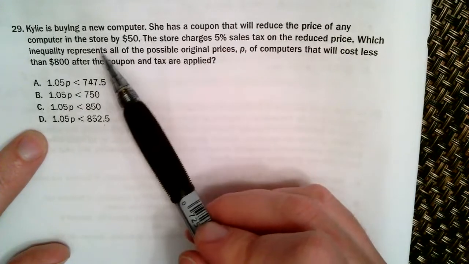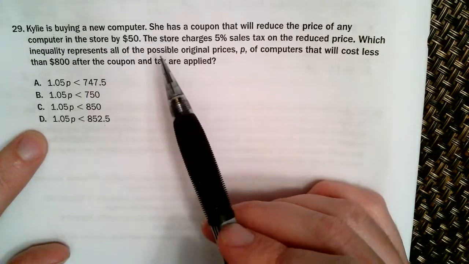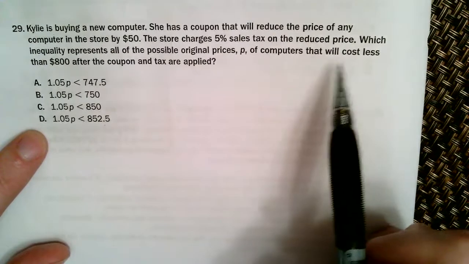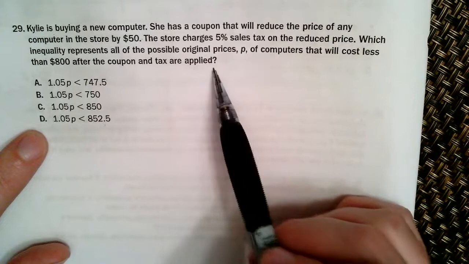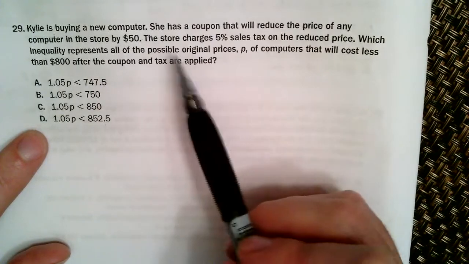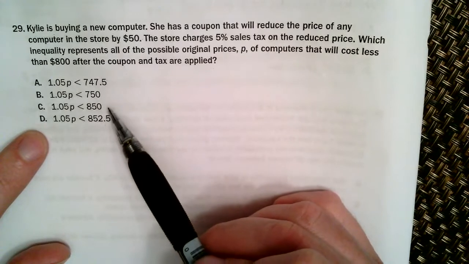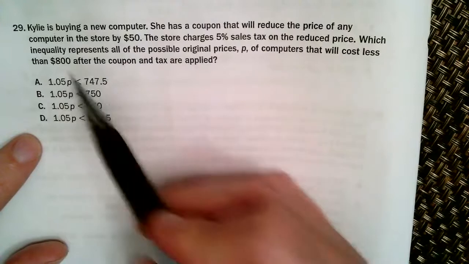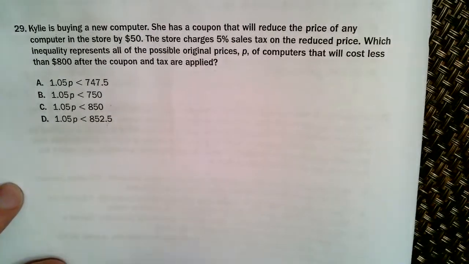Our question asks which inequality represents all the original prices P of computers that will cost less than $800 after the coupon and tax are applied. Before the coupon and tax are applied, it's going to be at least 850 or above. So it's going to be either C or D. A and B are out, and C or D are your two options here.